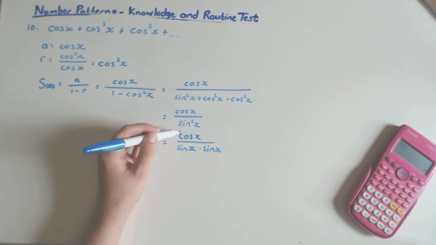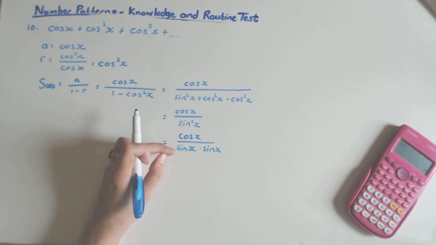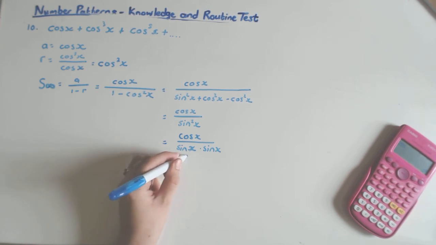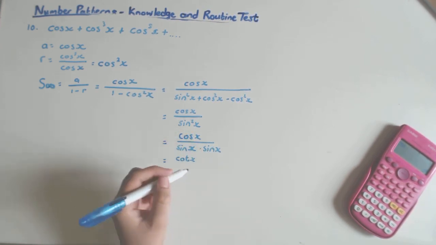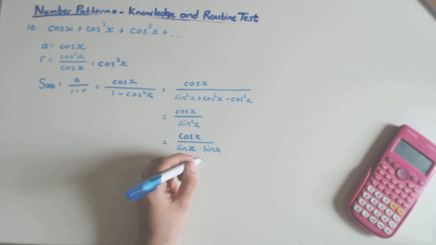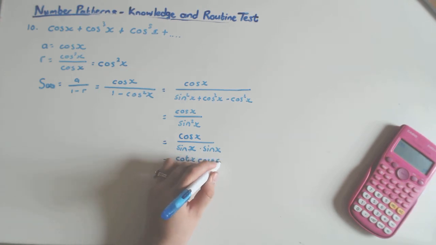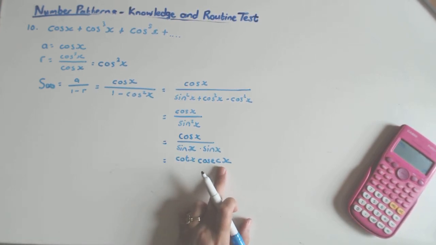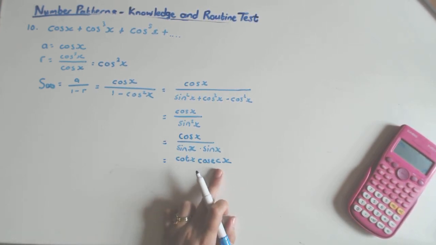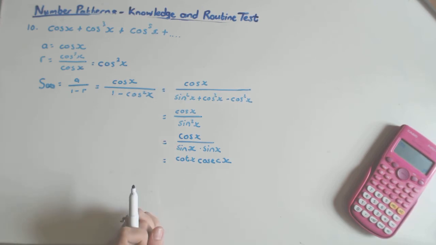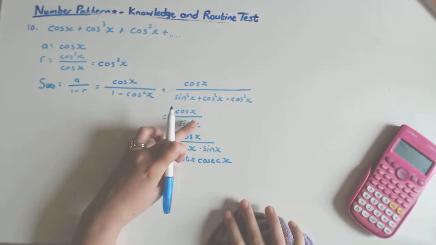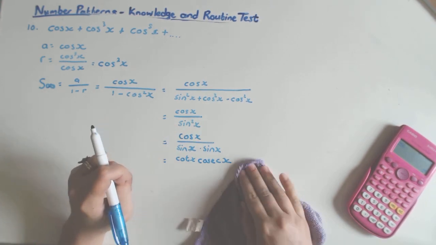Can you see sine over cos is tan, so cos over sine would be cot. You can write this as cot x over sine x, and 1 over sine x is also cosec x. You can write this as cot x cosec x, but maybe that's taking it a bit far. I think if you leave it at cos x over sine squared x, that's also fine.